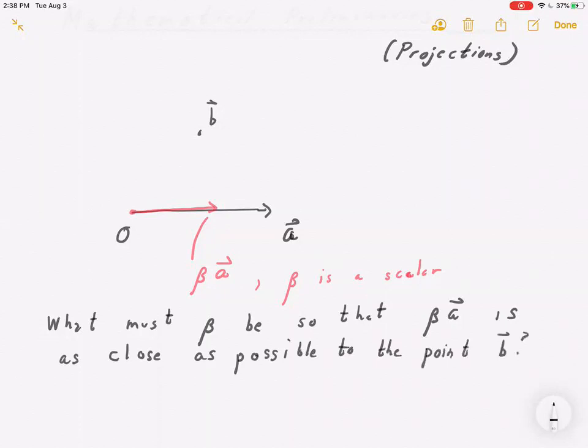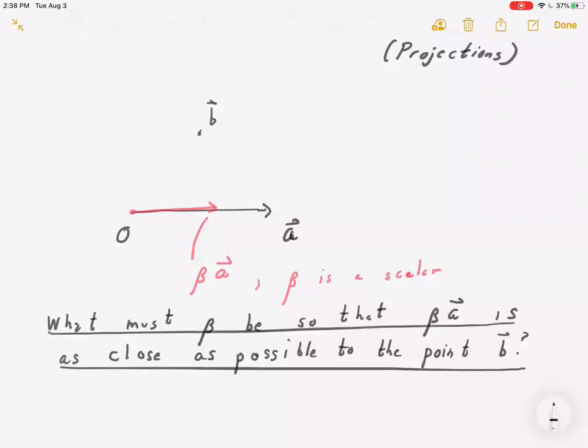So given this nice, simple geometrical construction, we're going to ask this question and see if we can get an answer to it. What must beta be such that beta times A is as close as possible to the point B?